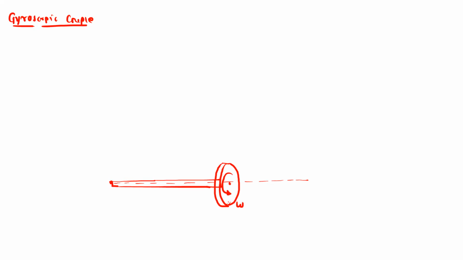As this is the direction of the angular velocity, its angular momentum vector will be directed in this direction. Let us take this axis as OX, the axis of spin. Now we will rotate this complete assembly or shaft about another perpendicular axis, about which we will rotate the complete assembly. It is OZ.